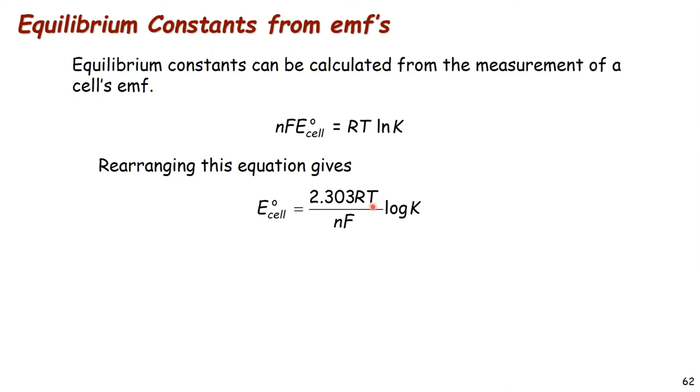Since this is 25 degrees Celsius, of course that needs to be converted to Kelvin, because R is 8.3145 joules per Kelvin per mole. So this will be 298.15 Kelvin. And Faraday's constant is 96,500 coulombs per mole of electrons.